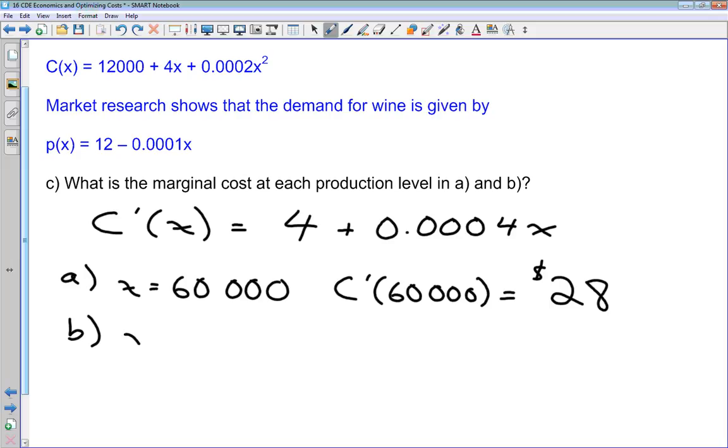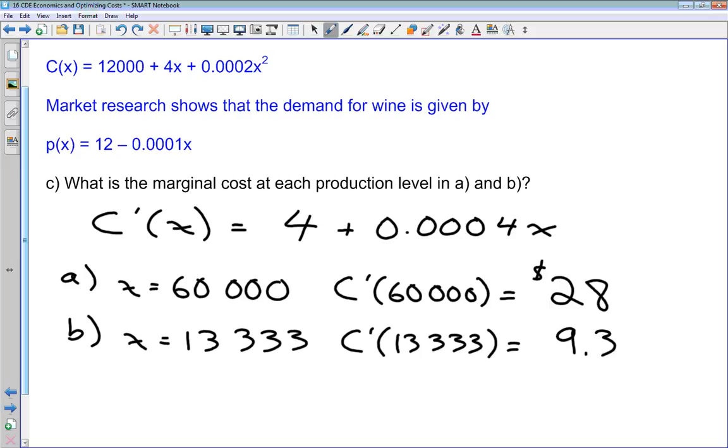In part B, we were at 13,333 bottles of wine produced. Our marginal cost at that level of production is approximately $9.33.